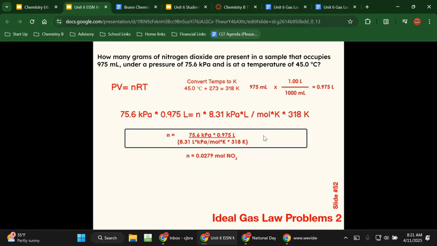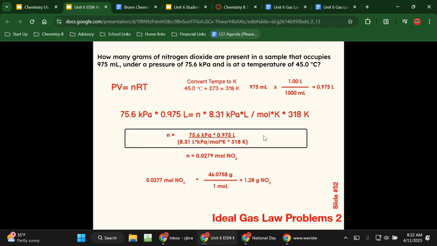I go to grams. So I'm going to take that number in moles and I'm going to go to grams. Now, how do I get this number up here? 46.0758. Formula mass of nitrogen dioxide: 1 nitrogen, 14.007, 2 oxygens, 15.999.